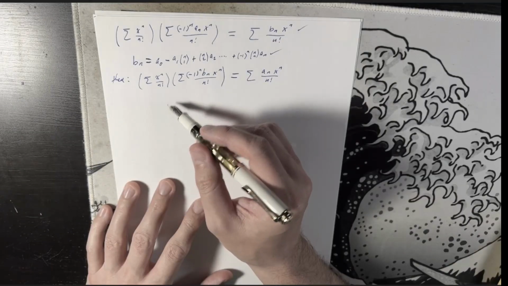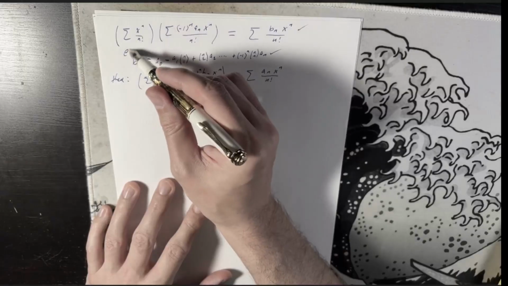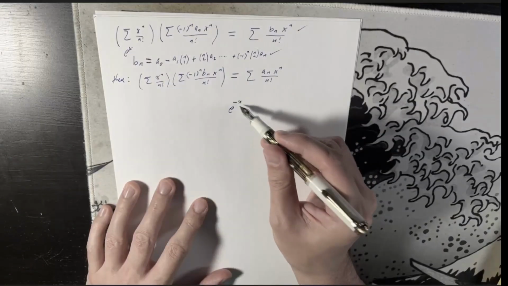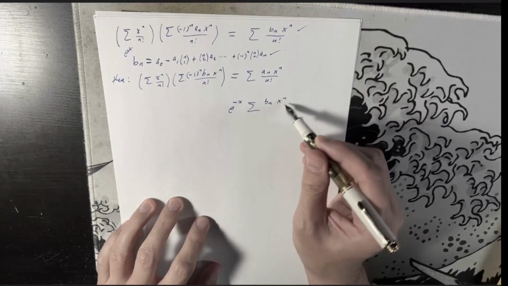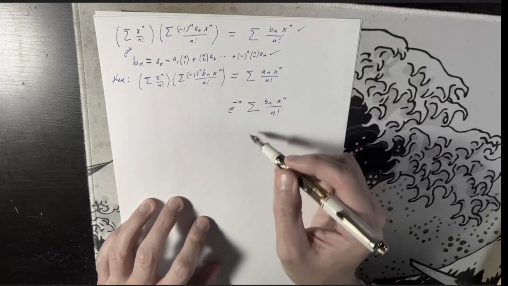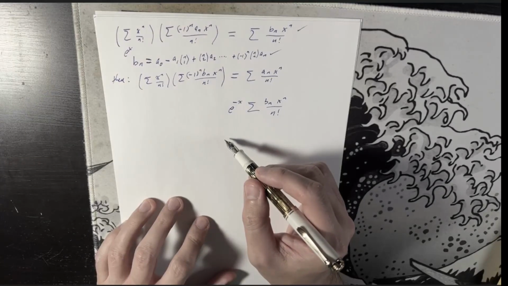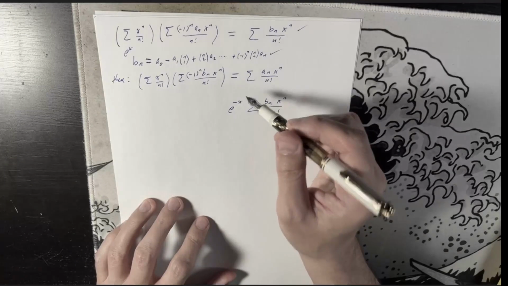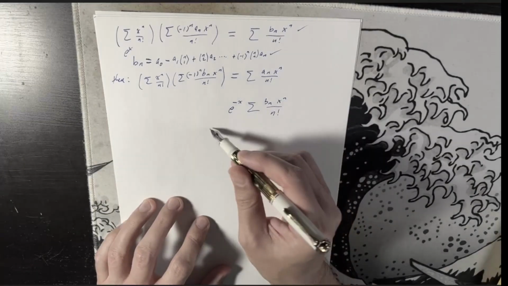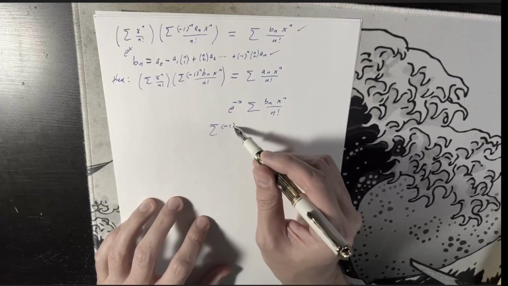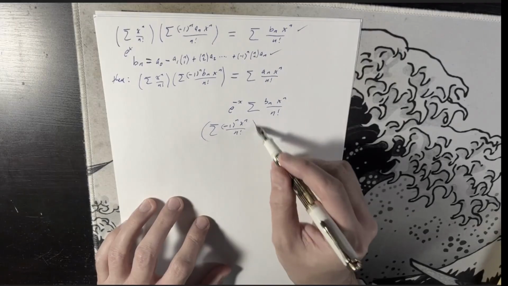Oh, okay. It is obvious, isn't it? This is e to the x. If you put e to the negative x over here, times this, you just want to show that this part is alternating, right?